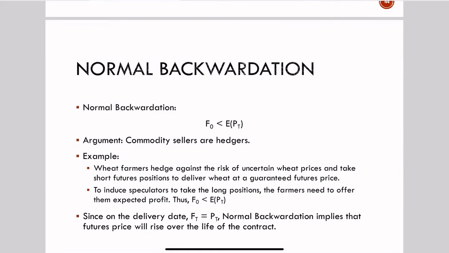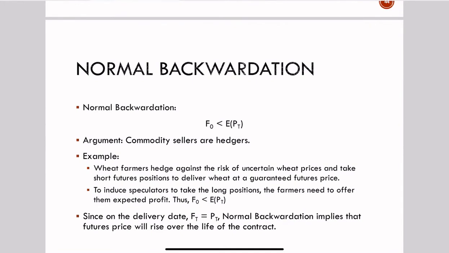The rationale behind this result is, well, we assume commodity sellers are hedgers. So if the sellers want to induce the other side to take the long position, then they have to give some profit to the long position.